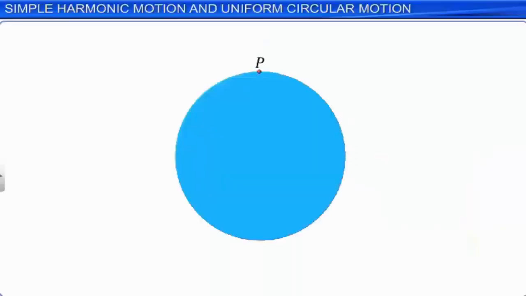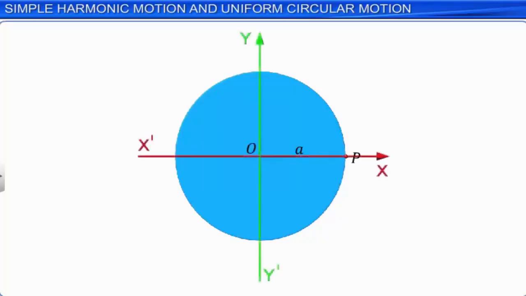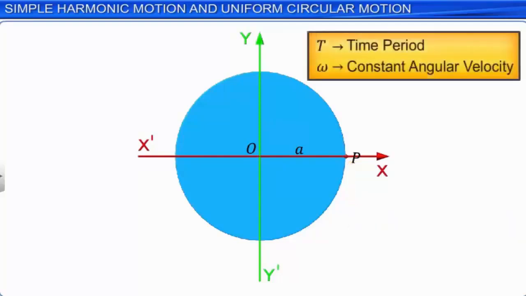Consider a particle P revolving along a circle of radius A with the center of the circle at the origin O of the coordinate axes. This particle is called the reference particle. Let the particle revolve with the time period T and a constant angular velocity ω.